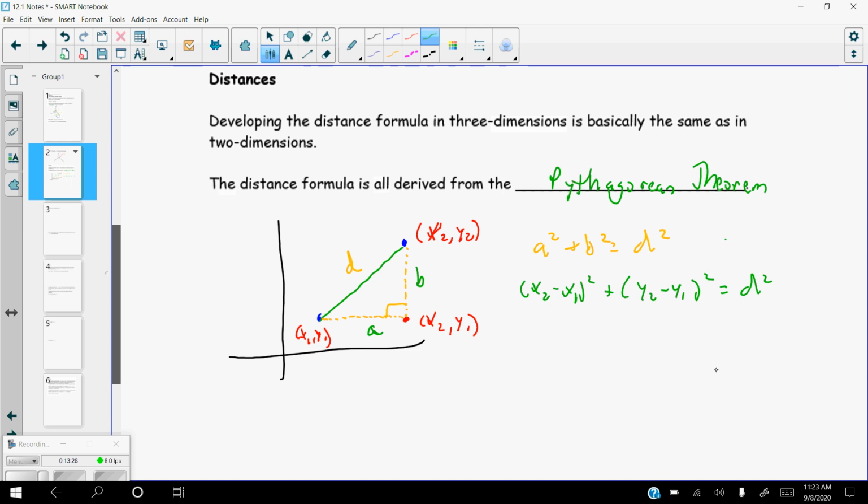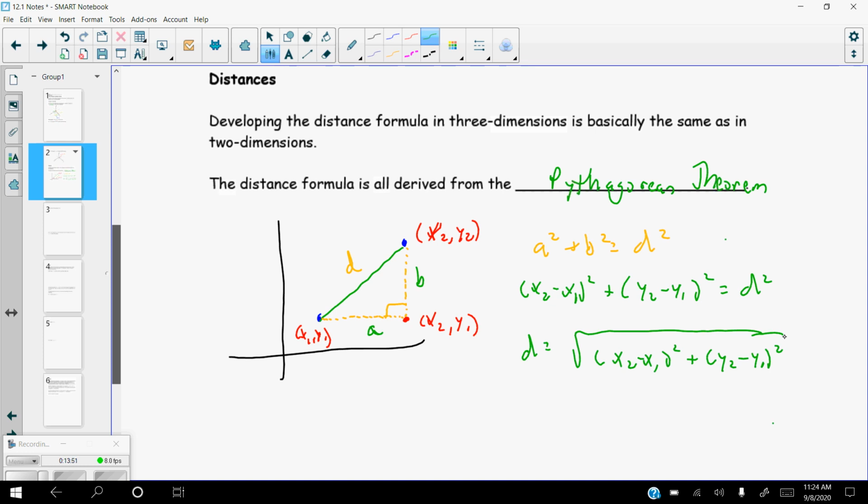So if all I want to do is solve for D, I'm just going to take the square root of the whole thing. The distance formula, which we should know, is the square root of x2 minus x1 squared plus y2 minus y1 squared. Okay, not too terribly difficult. That's where the distance formula in 2 dimensions comes from.